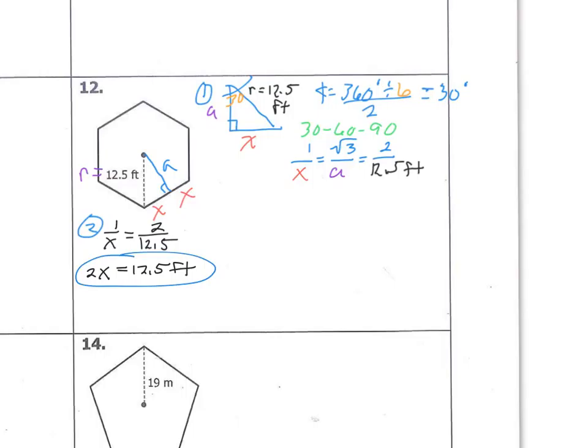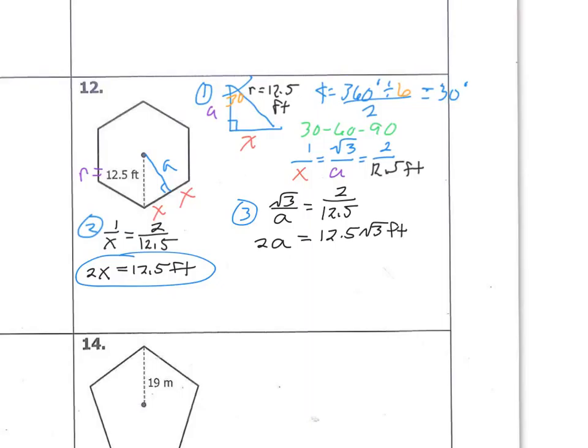So that one's done. So then third one, we're going to use the ratio rad 3 over a with the 2 over 12.5. So rad 3 is to a as 2 is to 12.5. Again, we're going to cross multiply. So I get 2a is equal to 12.5 radical 3, and that is in feet.